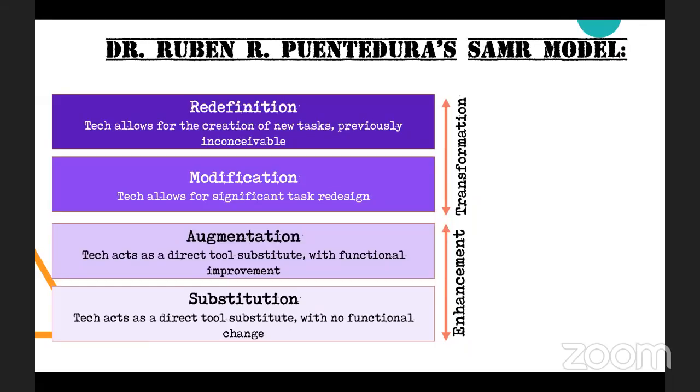The first letter stands for substitution. Again, substitution is defined as technology being used as a direct substitute for deploying content, but there's no functional change. What do I mean by this? Example, on a normal day, when we make our students take a quiz, we want them to write it on paper, right?